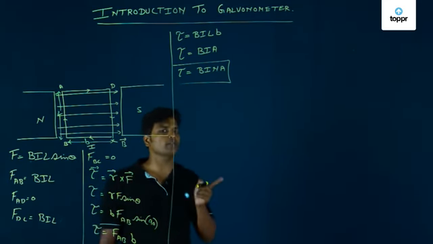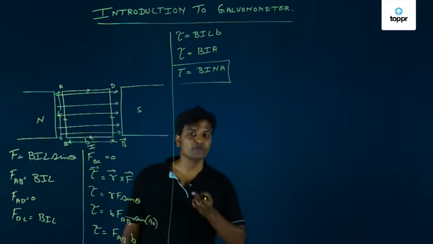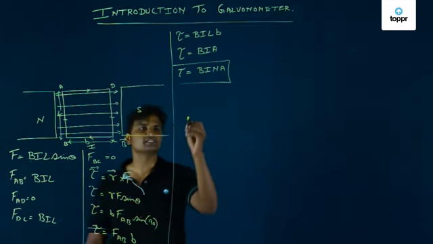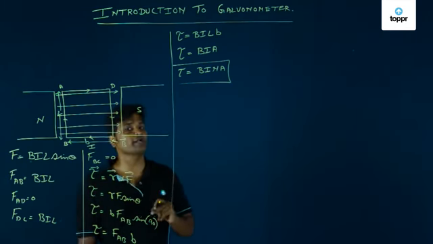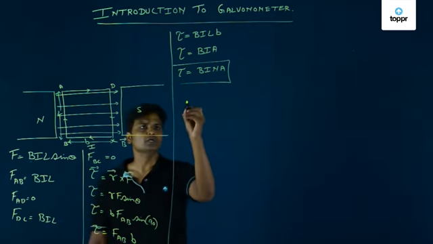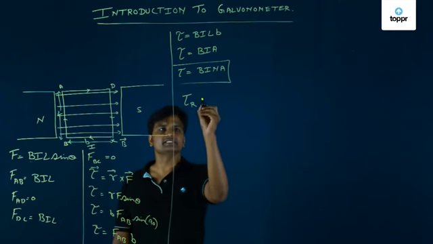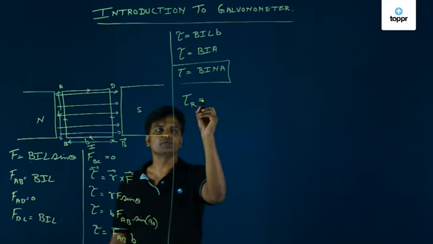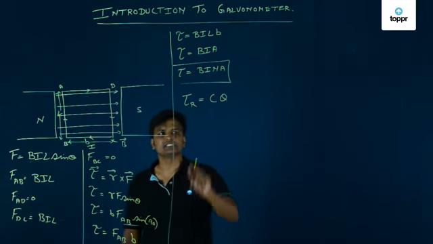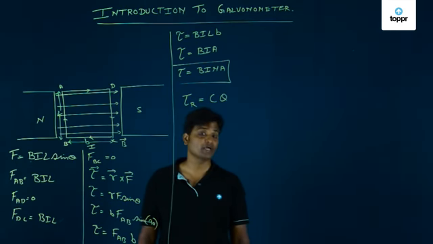So to stop the coil from rotating, we have a helical spring which will provide a restoring torque in the opposite direction. So I can write tau r, the restoring torque, is equal to C into theta. C is called the torsional constant and theta is the angle of deflection.